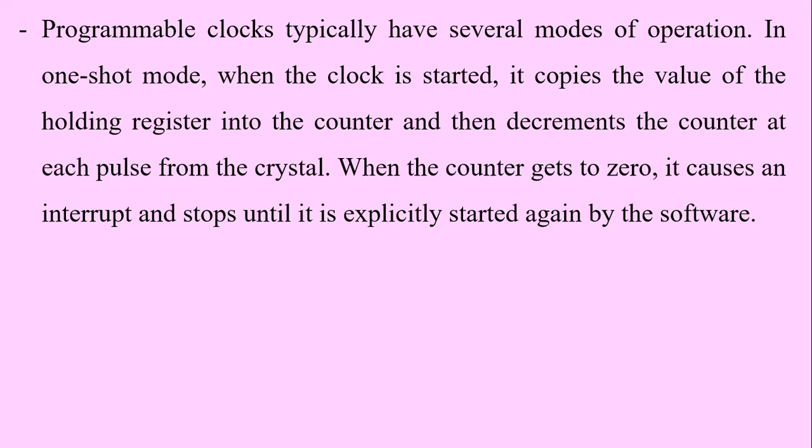Programmable clocks operate in two modes. In one-shot mode, when the clock is started, it copies the value of the holding register into the counter and then decrements the counter at each pulse from the crystal. When the counter gets to 0, it causes an interrupt and stops until it is explicitly started again by the software.